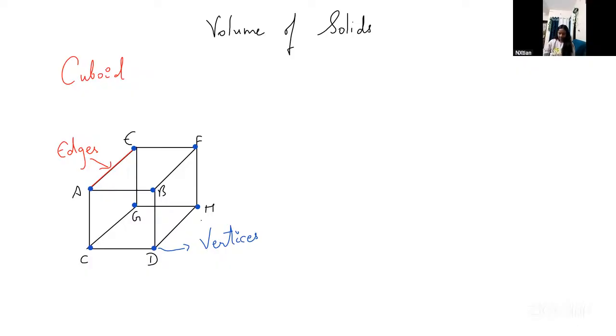So you can write down. Make the diagram also.